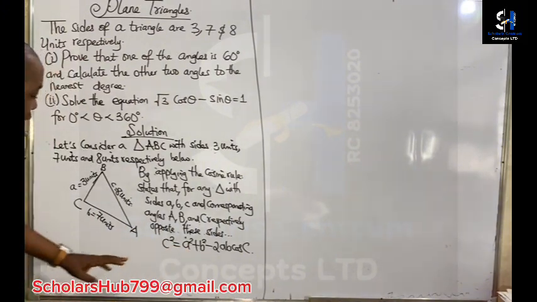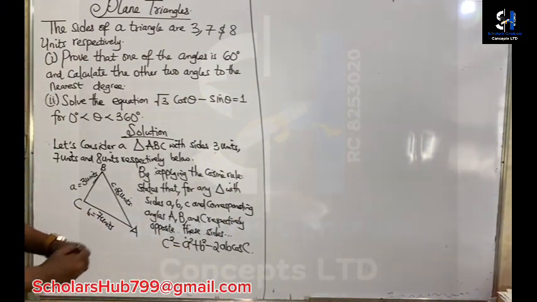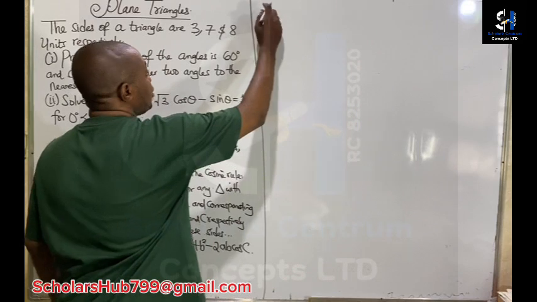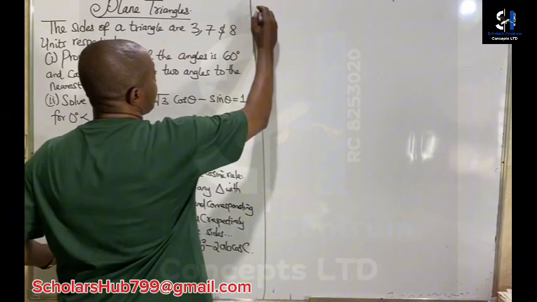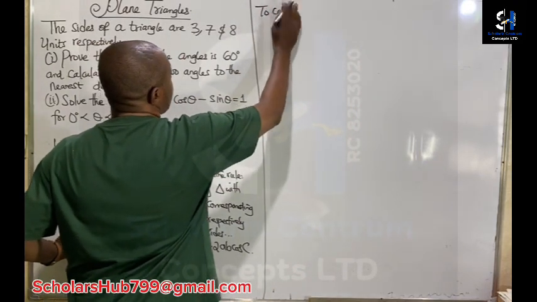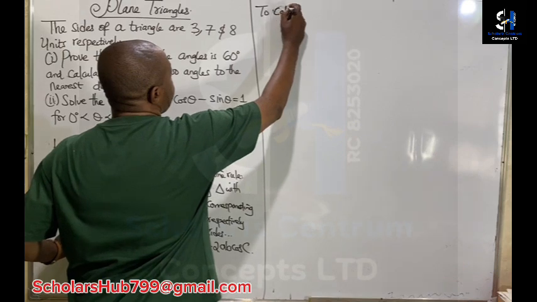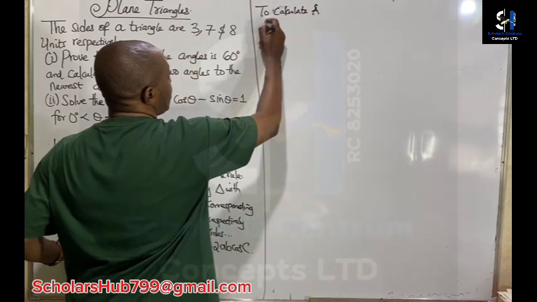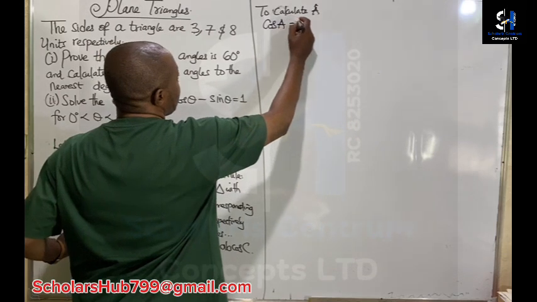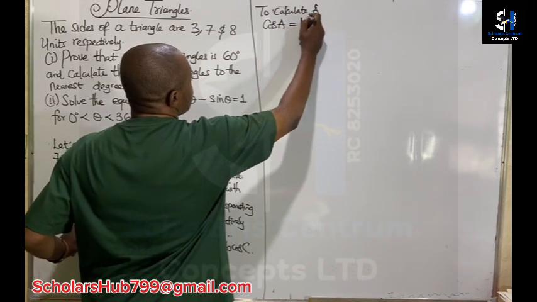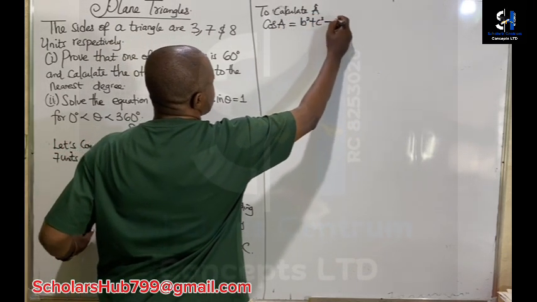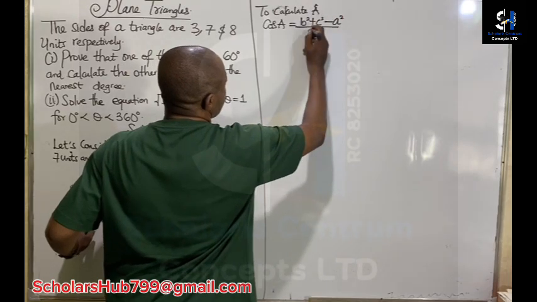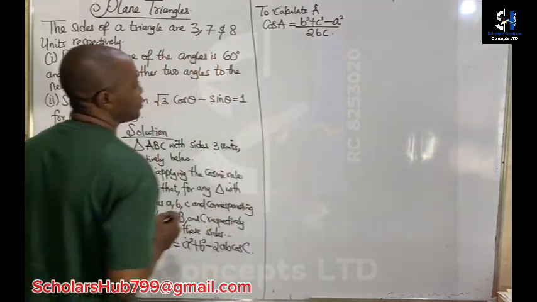To do that, like I said, we're going to apply the cosine rule. So by using the cosine rule to calculate angle A, we have cos A equals b squared plus c squared minus a squared over 2bc.